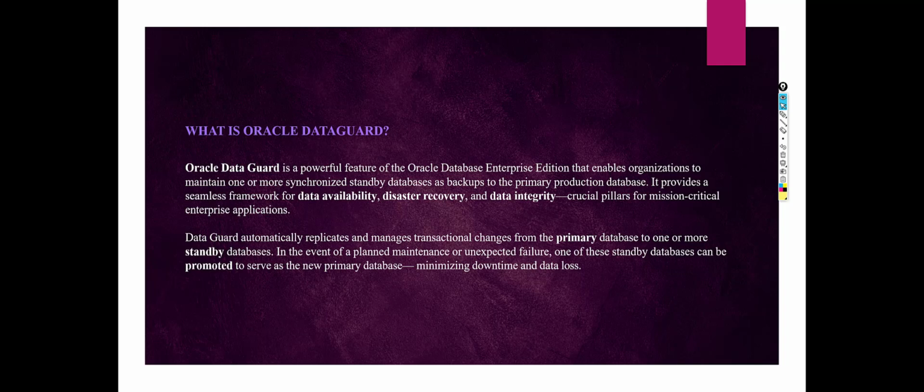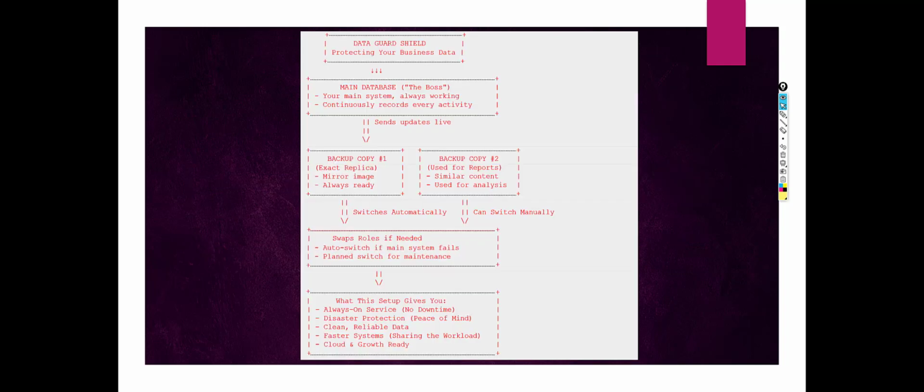Okay, so implementing Dataguard will protect the customer's data and also help in providing high availability. So Dataguard is a shield. You can consider it as a shield which protects your business data, and the main database is the boss, right? Main database means the production system. All the production systems run 365 days, 24/7.